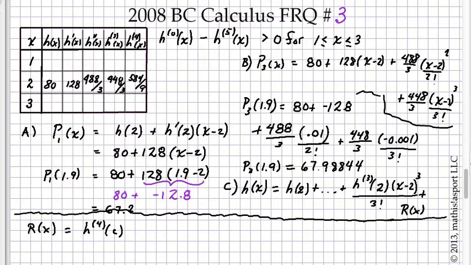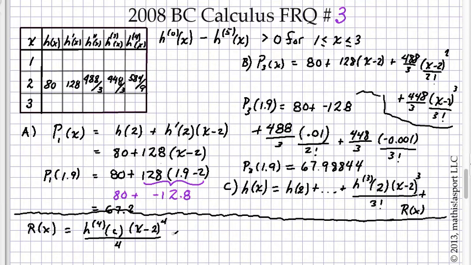So in this case, somewhere between 1.9 and 2, and then at x minus 2 to the 4th power over 4 factorial.